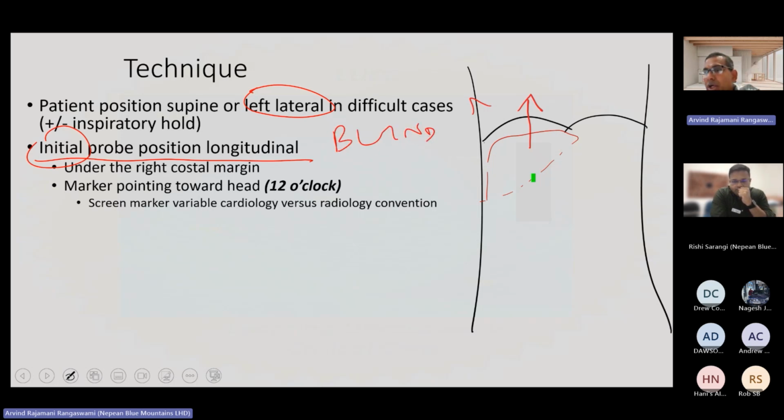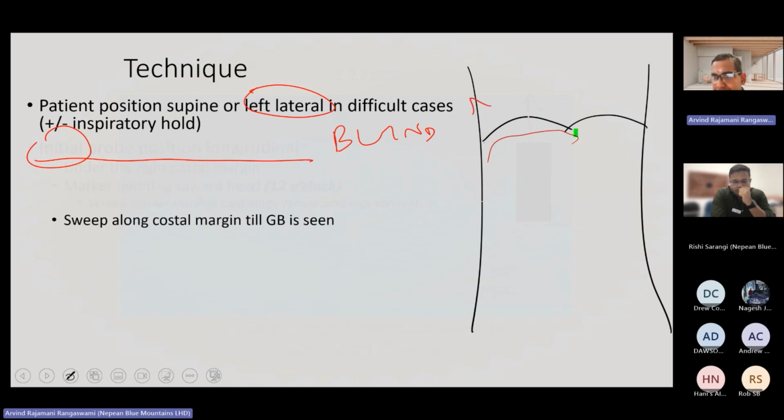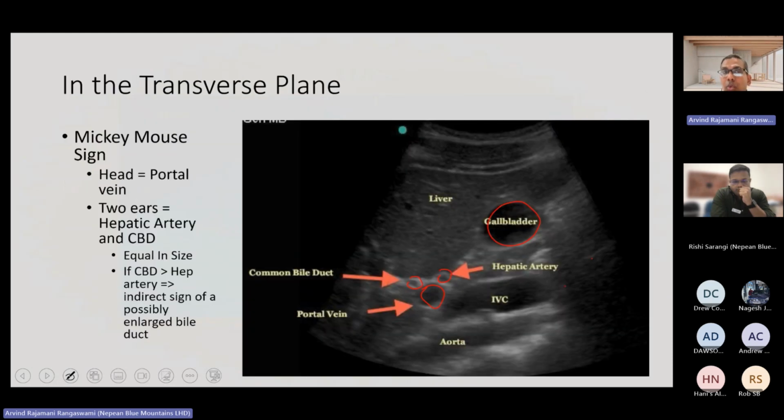This is regardless of what ultrasound you do, whether it is cardiac echo or anything else. The first time you keep the probe, you just keep it somewhere in the region of the structure of interest, and it's blind. You don't know what's going to come. The final probe position, on the other hand, is a considered manipulation of the probe, depending on what you see.